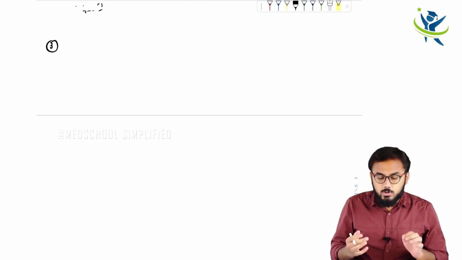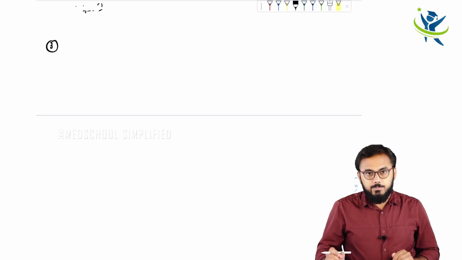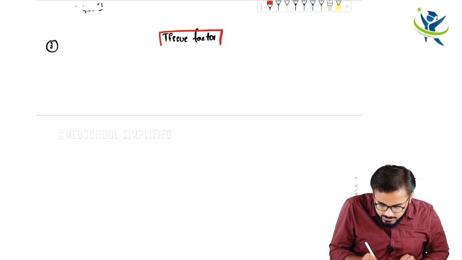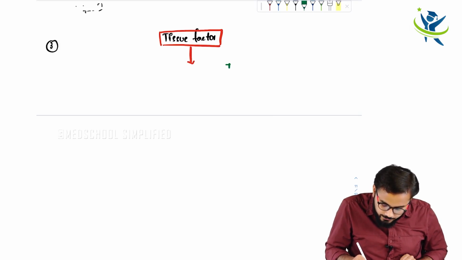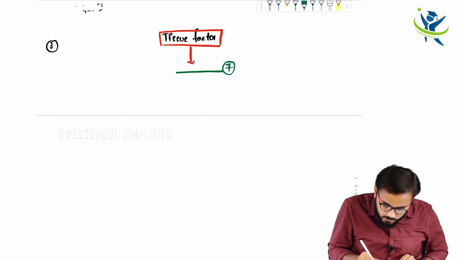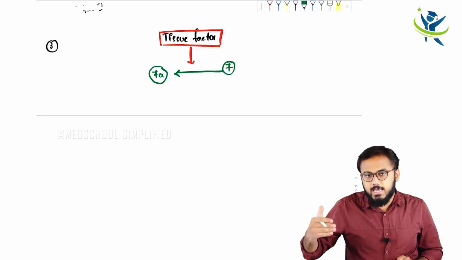Fine. Third important thing these endotoxins do: let me teach you one small concept, then I'll tell you what is going to happen. We have something called tissue factor. This tissue factor will convert factor 7 to 7A. 7A means activated factor 7; 7 is unactivated.